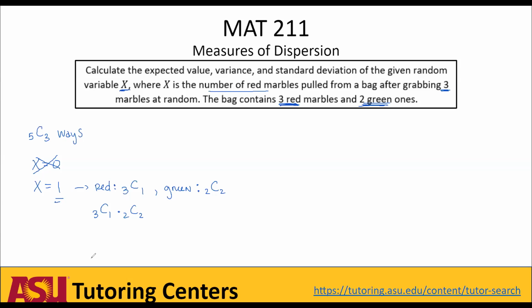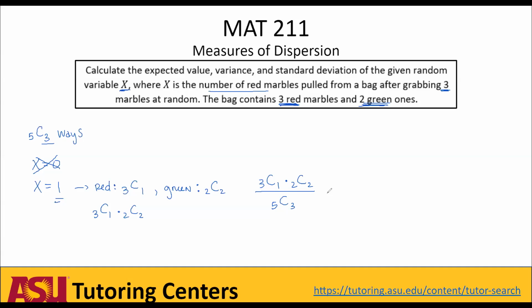So we can divide this by our total number of ways to grab 3 marbles in order to figure out our probability for x equals 1. This gives us 3 choose 1 times 2 choose 2, divided by 5 choose 3.